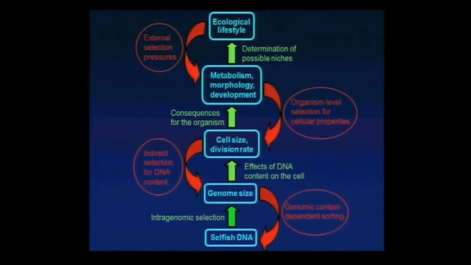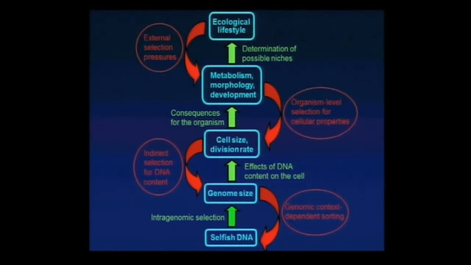So you've got selfish DNA, transposable elements, increasing genome size or influencing genome size through intragenomic selection. This has effects on the cell in terms of cell size, cell division rate. This has consequences for organismal biology in terms of body size, metabolism, developmental rate, so on. This can have impacts on ecological lifestyle.